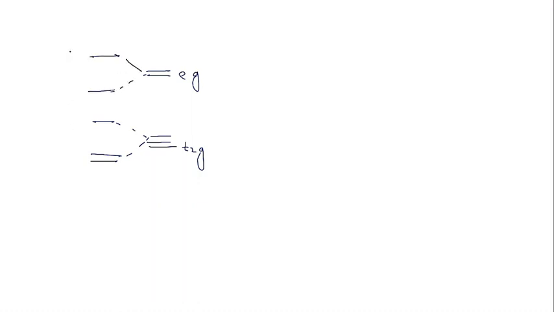Okay, so dx square minus y square, this one dz square, dxz, dyz, dxy. Okay, one electron is in this orbital. If you want to look at the transition, then the electron can be transferred from here to here. This electron can also exist in this orbital, as these two orbitals are degenerate.